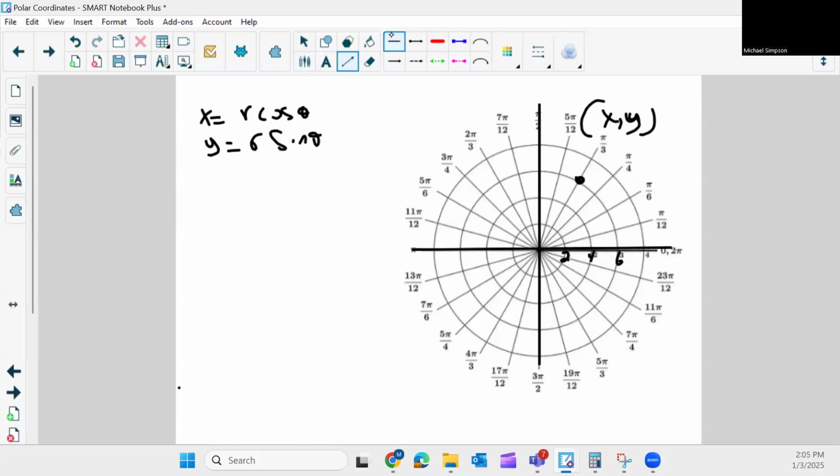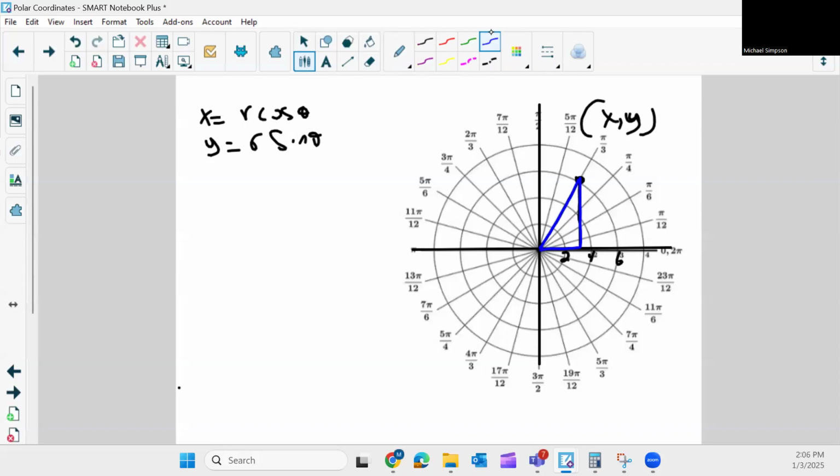What I'm going to do now is this point right here, I'm going to make a right triangle. So this distance is the hypotenuse. This is the height, and that is the base.